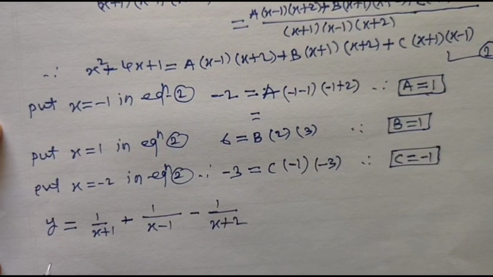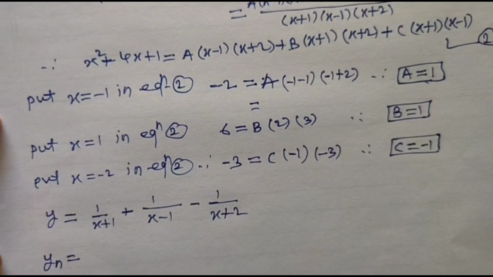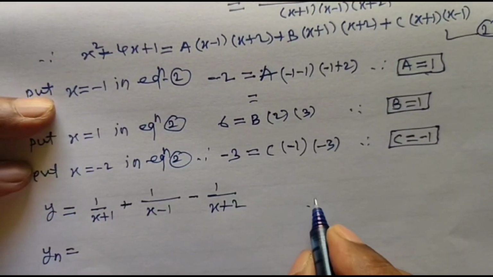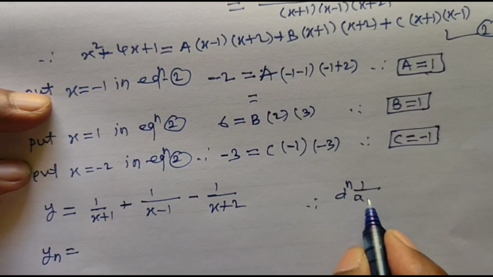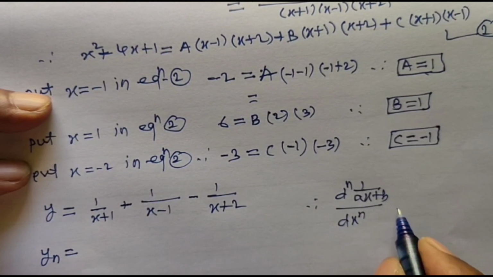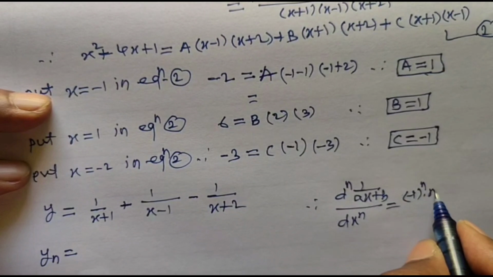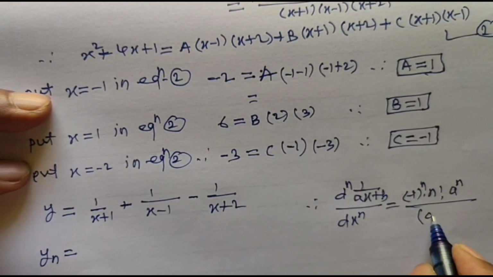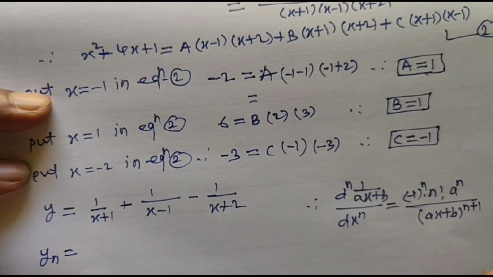Now find the nth derivative. yn is equal to, applying which formula? You know this formula. Since the nth derivative of 1 upon ax plus b is equal to minus 1 to the power n, factorial n, a to the power n upon ax plus b to the power n plus 1.